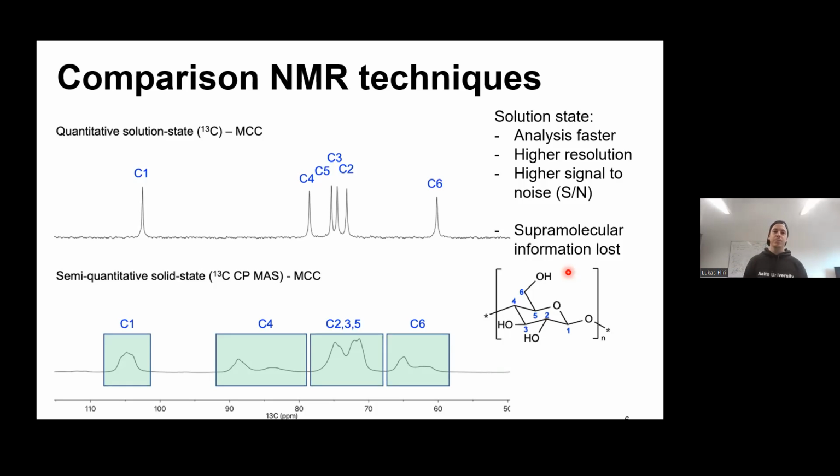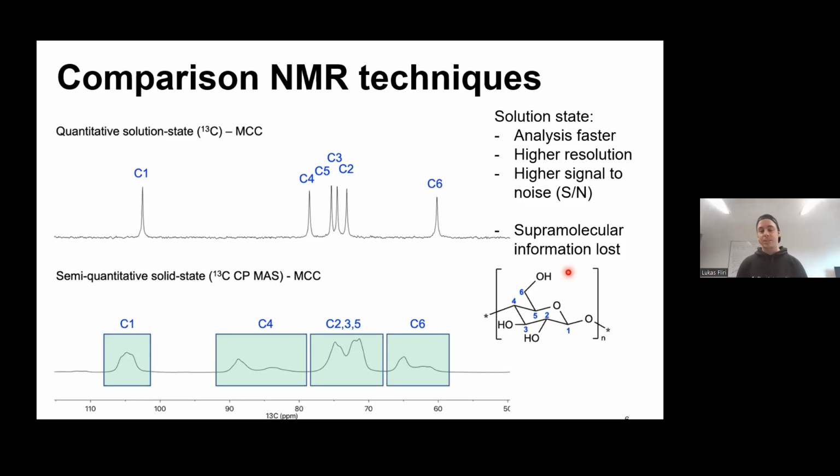As you can see, the peaks are much better resolved in the solution state, and that is not because we have a super great electrolyte. No, it's an intrinsic benefit of solution state NMR, which comes with the solvation of the moieties, and then the shifts go to the same ppm values.